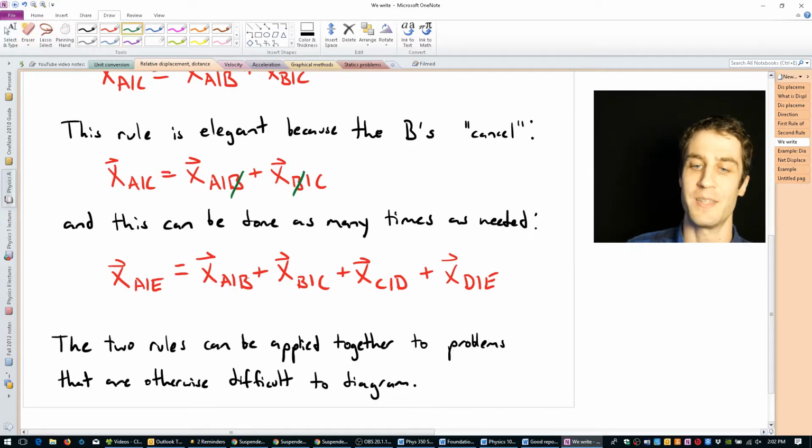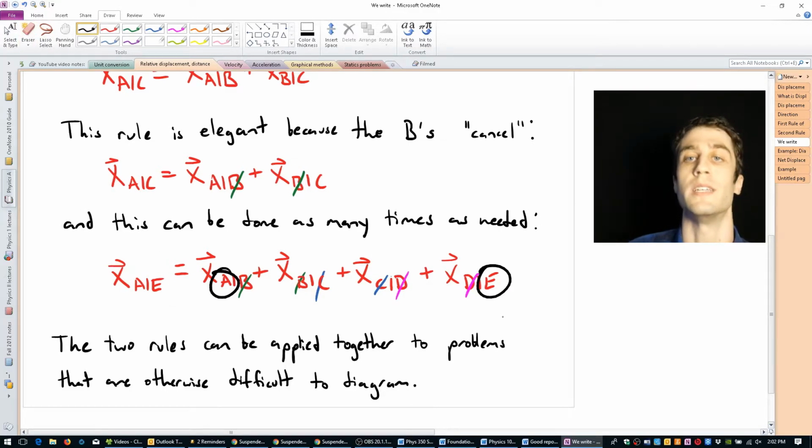Okay. And the B's cancel because they're next to each other. The C's cancel because they're next to each other. And the D's cancel because they're next to each other. And we're left with X, as we were trying to find earlier. We wanted A relative to E, and we canceled everything else, and so we have A relative to E once our cancellation is done. So that's what we want to see on both sides.